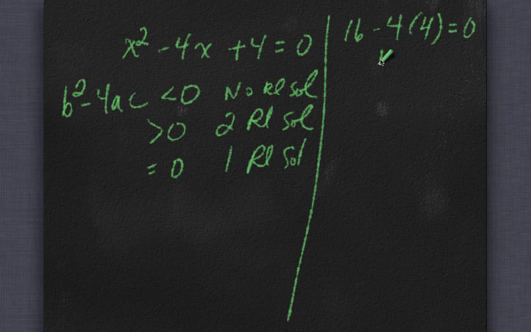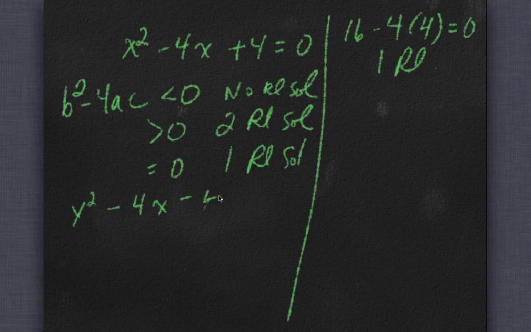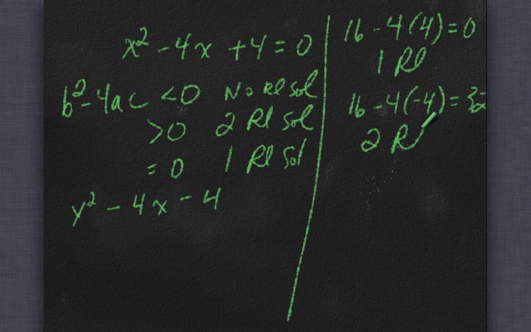In this case, it's 0, so there's 1 real solution. If I had x squared minus 4x minus 4, b squared minus 4 times a times c, this is 32. So it gives 2 real solutions.